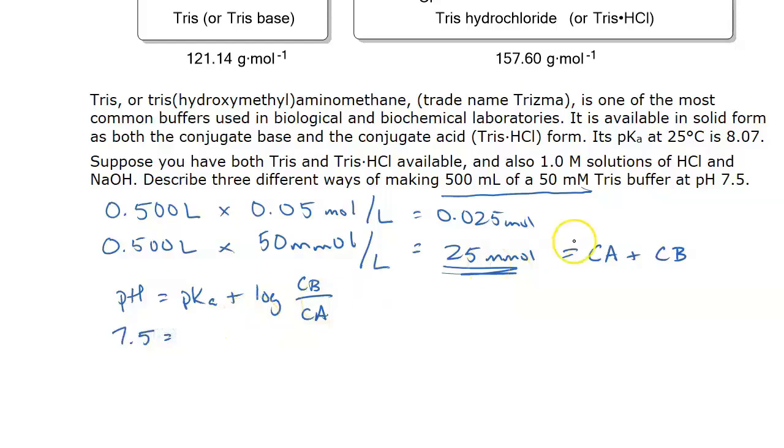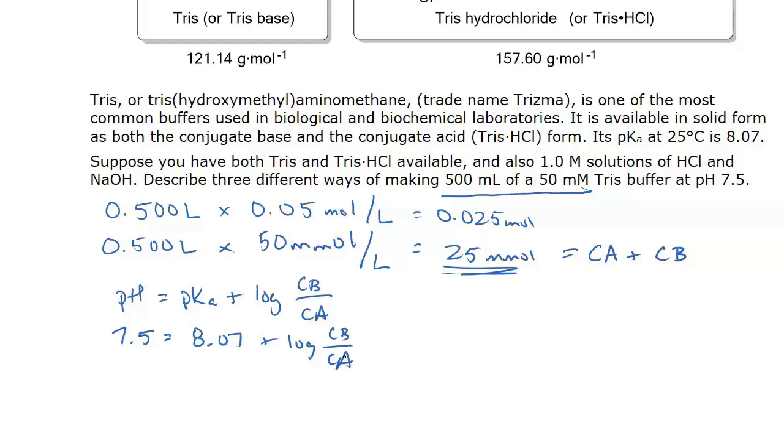The pKa at 25 degrees C, where we're assuming we're going to do this, is 8.07. Now if you're not at 25 degrees Celsius, there is a correction factor for the pKa. I'm not going to go into that here. So you just get out your calculator, which I'm now doing. Take 7.5, subtract 8.07. You get a negative 0.57.